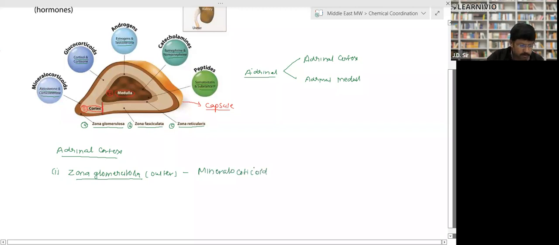Mineralocorticoid, right? Out of these mineralocorticoids, the main hormones are aldosterone and corticosterone, right?